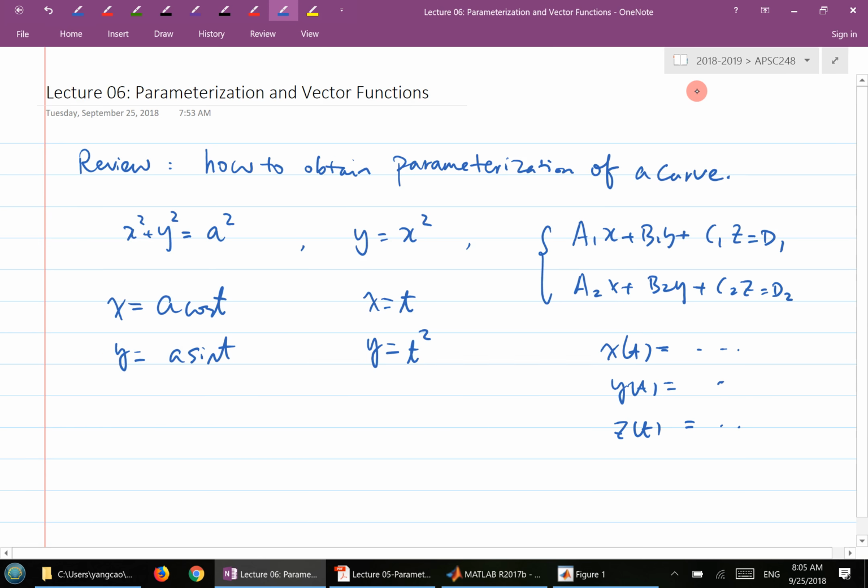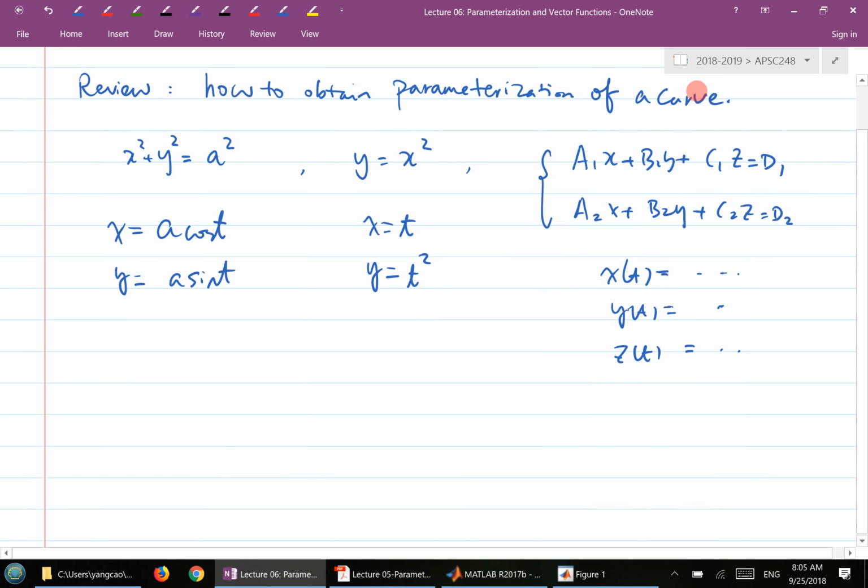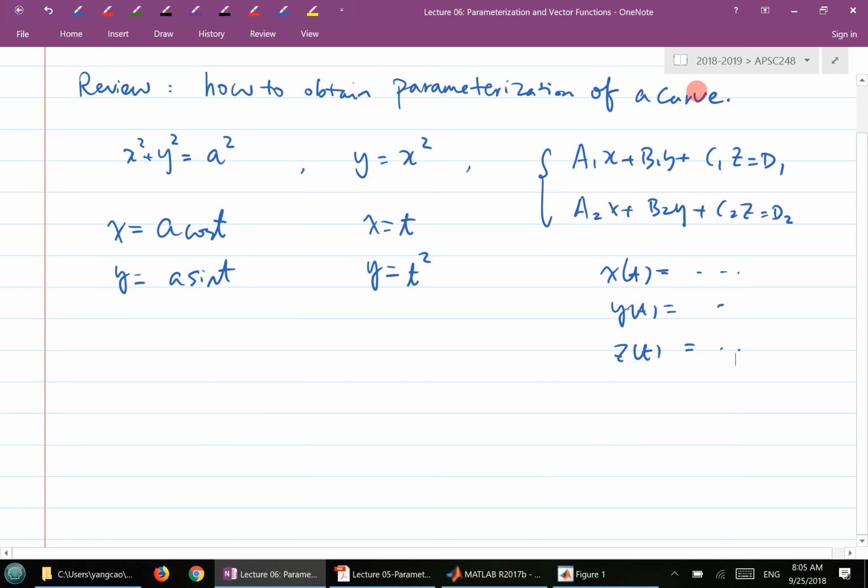So that's the objective. Given a circle, given a certain curve, you need to be able to obtain its parametric representation. The parametric representation, as I mentioned, also gives a physical meaning: it describes a certain type of motion, a point or particle moving along that trajectory. In the last lecture we demonstrated this.